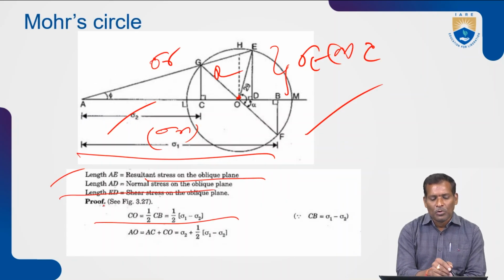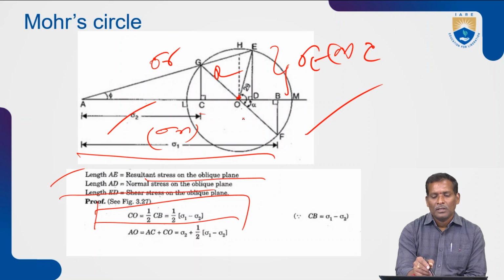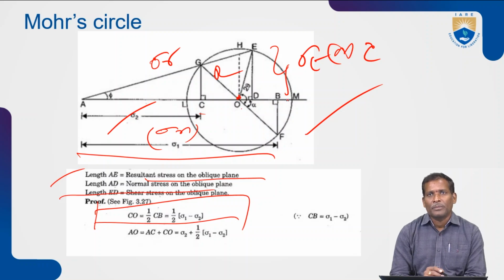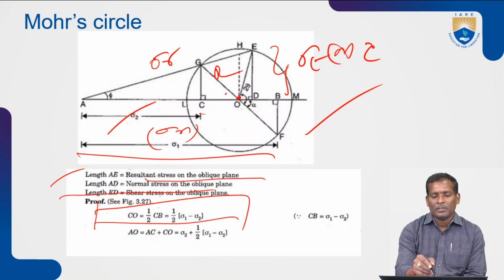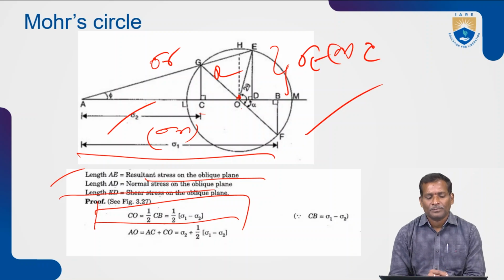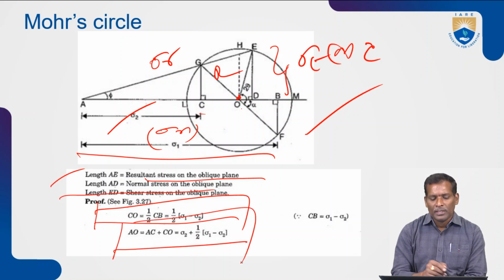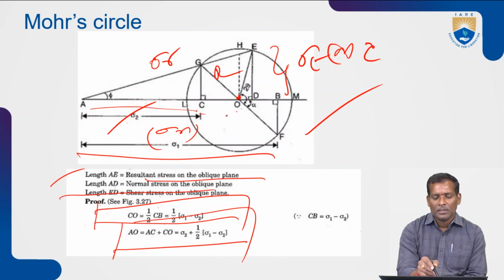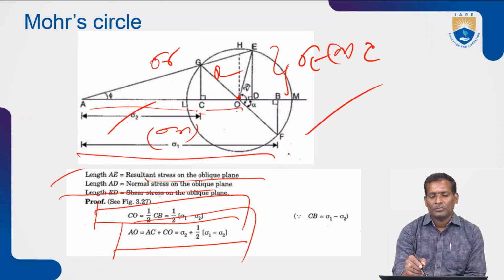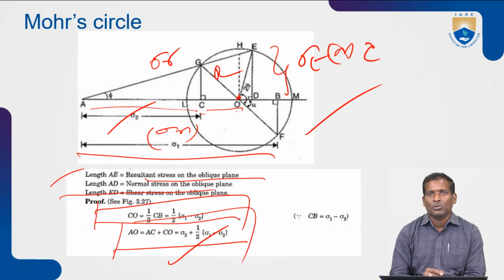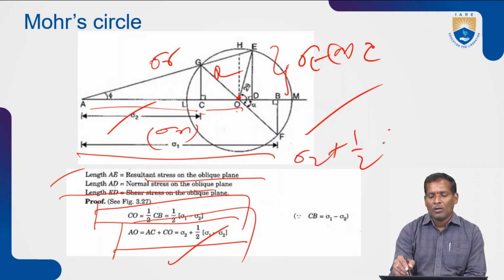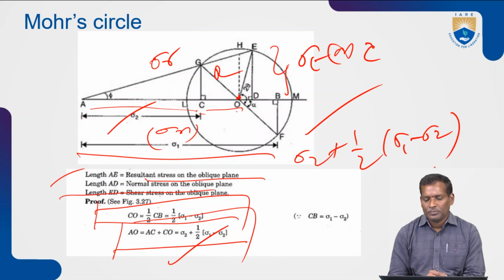The CO is half of CB, because O bisects it. AO is AC plus CO, that is sigma 2 plus half of sigma 1 minus sigma 2.